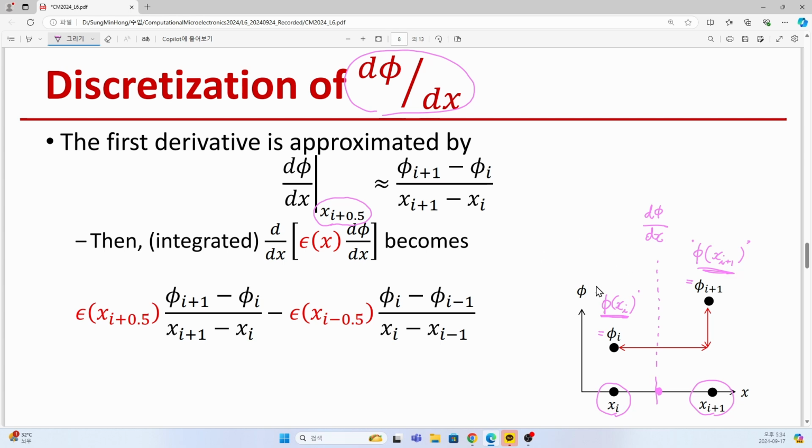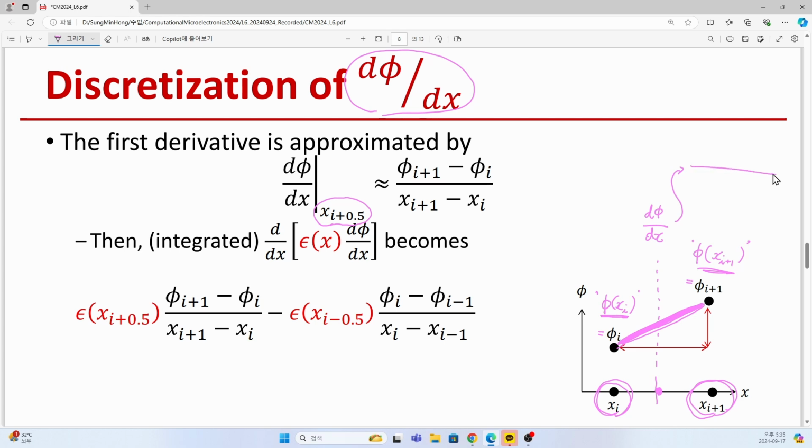But in this case, we just take the linear approximation. Within this short distance between x sub i and x sub i plus 1, we just have linear dependence, a linearly varying potential function. So then what will be this first order derivative?